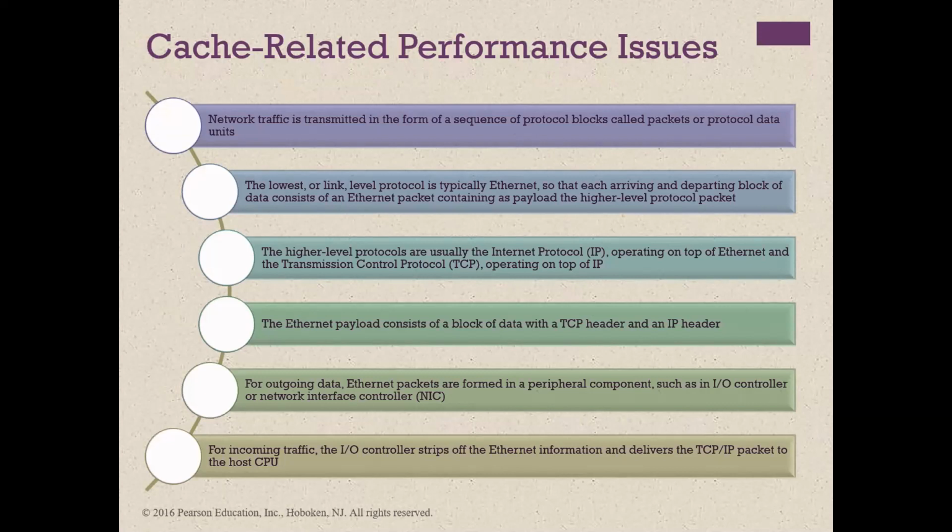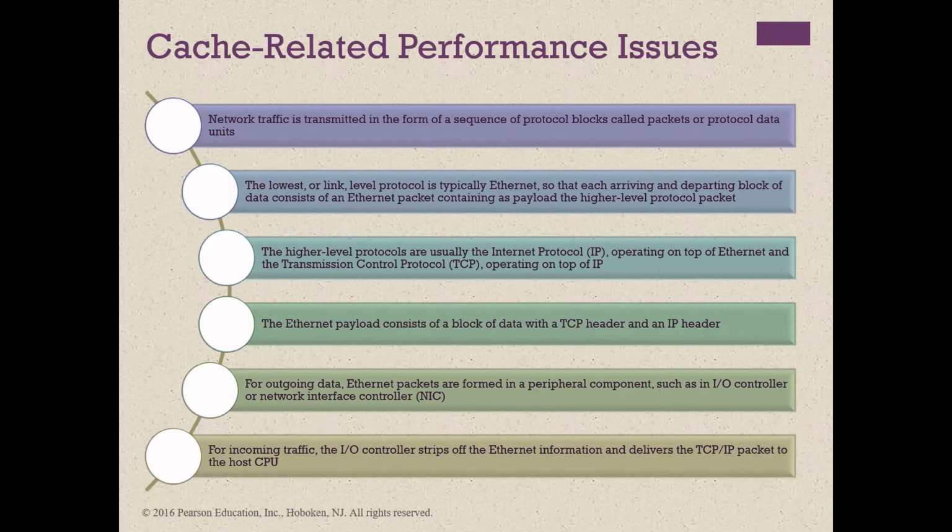So network traffic is transmitted in the form of a sequence of protocol blocks called packets or protocol data units. The lowest or link level protocol is typically the Ethernet, so that each arriving and departing block of data consists of an Ethernet packet containing as payload the higher level protocol packet.